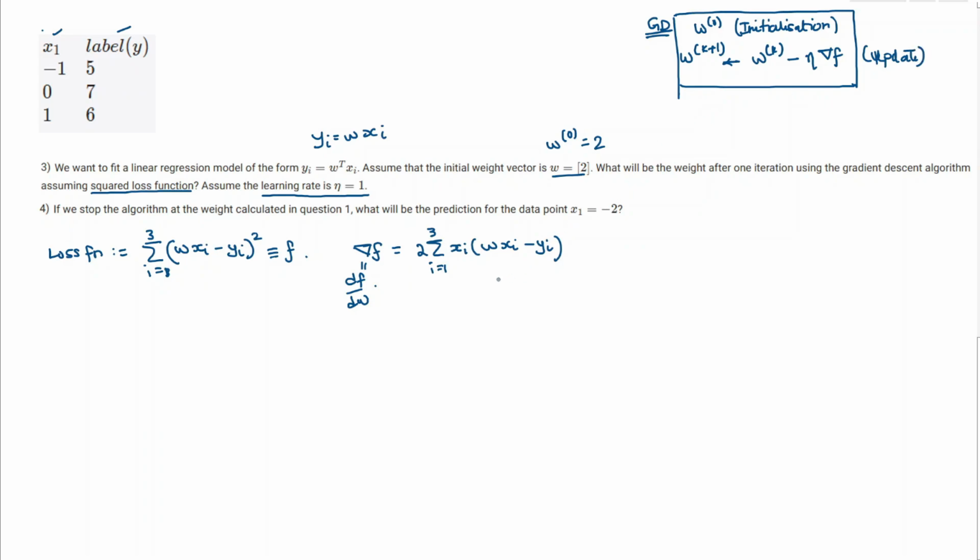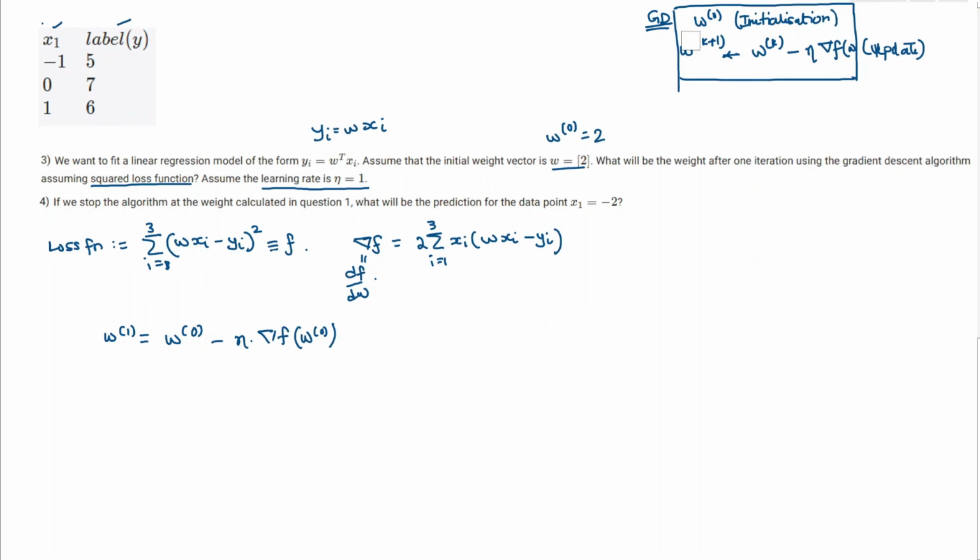Since w0 is given, what will be the first iteration of w? That would be w0 minus eta times grad f. Now it's not just grad f, it's grad f evaluated at wk.